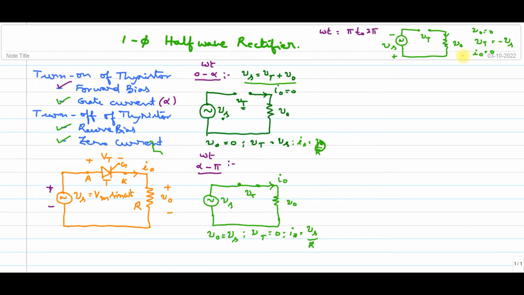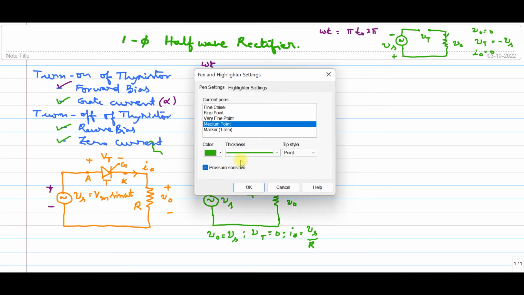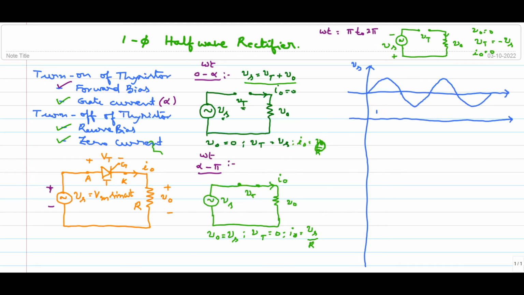Now we can easily draw the circuit diagram. You can see how simply we can draw the waveform now. The circuit diagram is over, so now we are going to draw the waveform. I have applied the gate current after some angle alpha, and in the negative half cycle I need not apply any gate current.